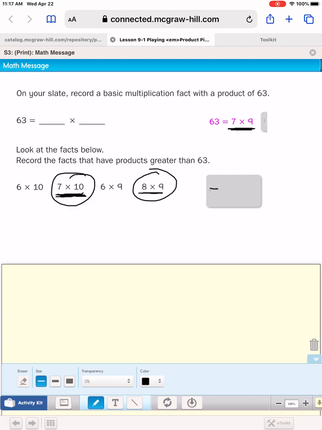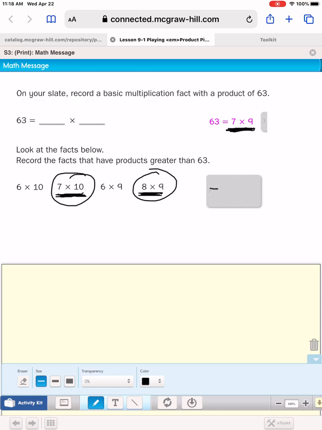And when you compare 8 times 9 to 7 times 9, you would notice that the 7 has gone up to 8. So anytime you take a factor pair, for example, 7 times 9, and you increase either factor, your answer or your product is also going to increase or be larger.